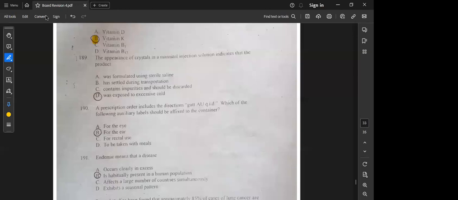So the answer to 190 is D because of crystal formation at low temperatures. We can just remind ourselves that it is a diuretic and helps to remove excess water. Yes, used for heart, kidney, or liver diseases. Also, if there's swelling in the brain or around the eyes, you can use mannitol.